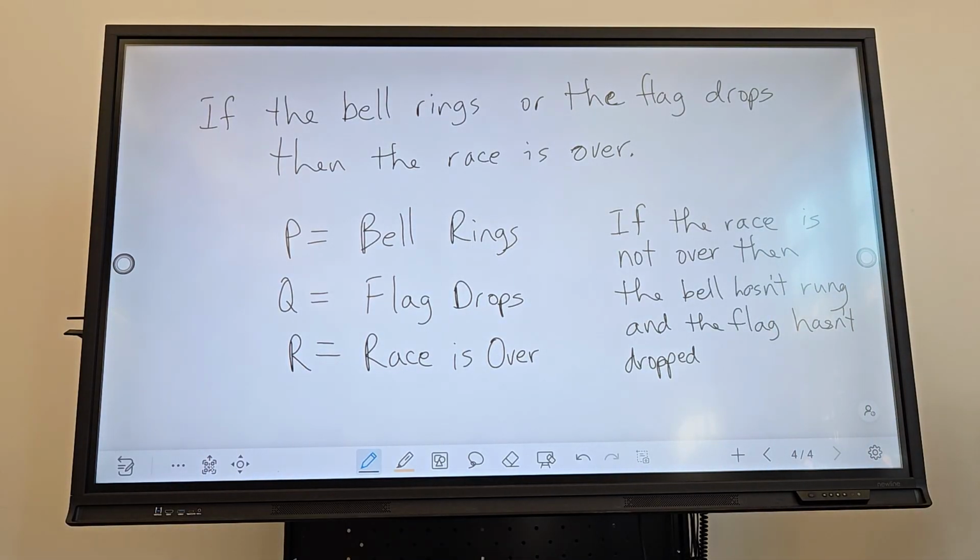Now, how many of you have taken digital logic before? Okay, good chunk of you. You recognize the logic operators in these statements? Three basic logic operators? And, or, and what's the third one? Not.